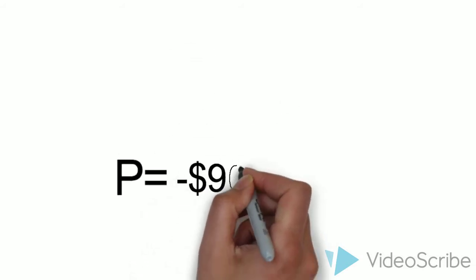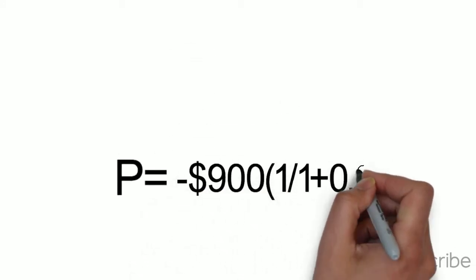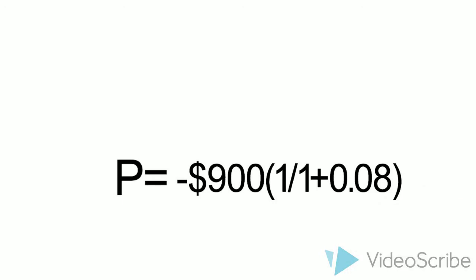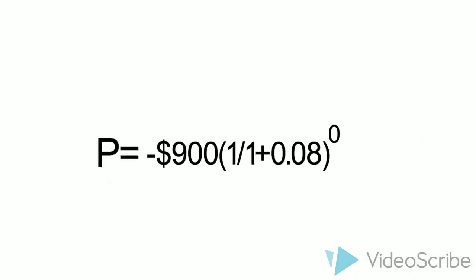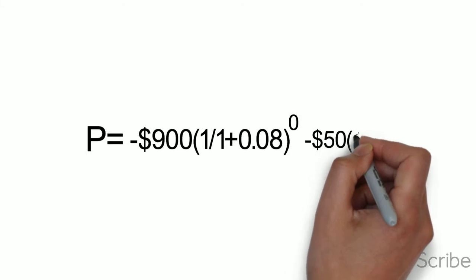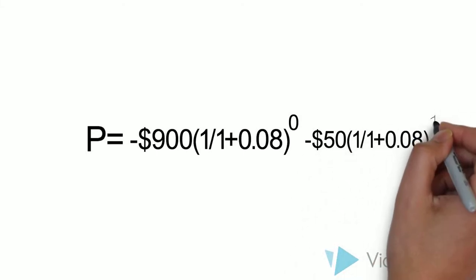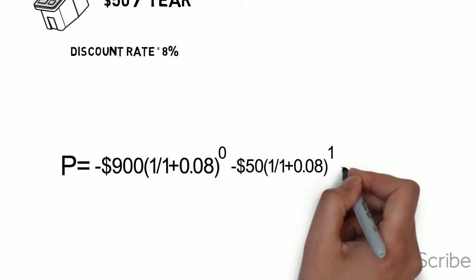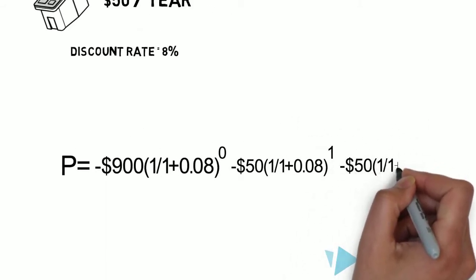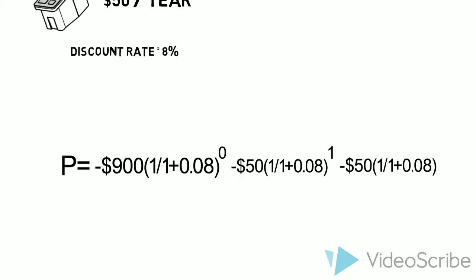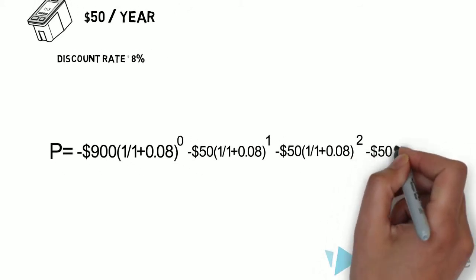So for this problem, present value is equal to the initial purchase, 900, times 1 over 1 plus 8% to the power of 0, because that's your initial purchase. And then for the rest of the years, you include the maintenance cost, which is 50 times 1 divided by 1 plus the interest rate to the power of each of the respective years from 1 through 5.